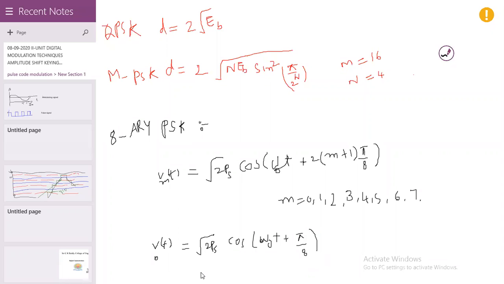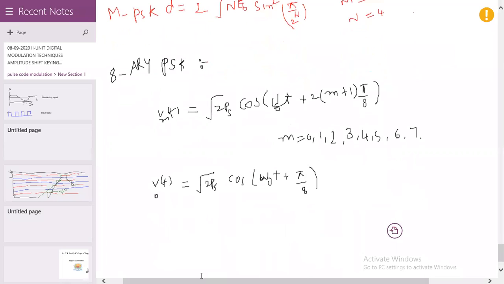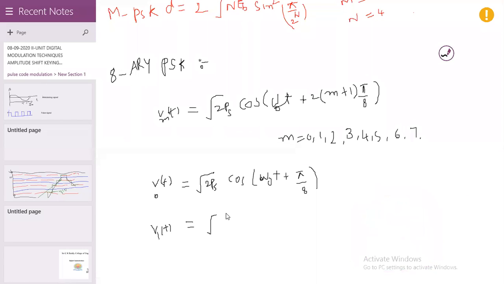And write V1 of t in parallel. V1 of t equal to root of 2Ps cos of omega naught t plus (2m plus 1) pi by 8.